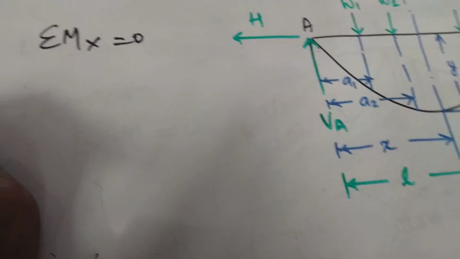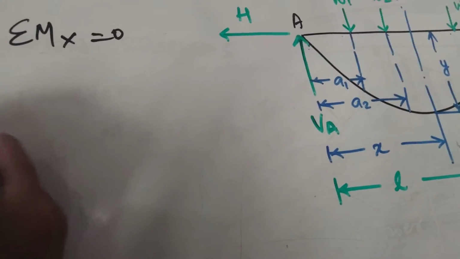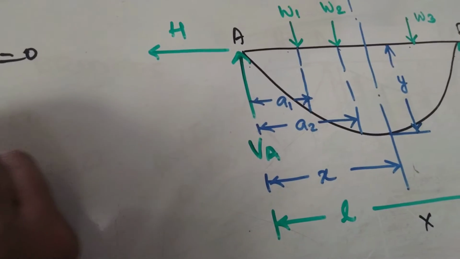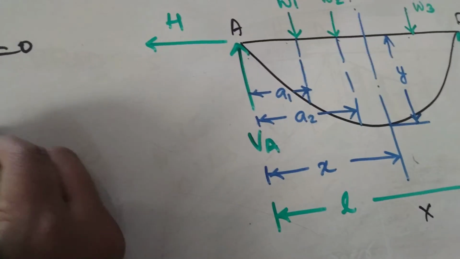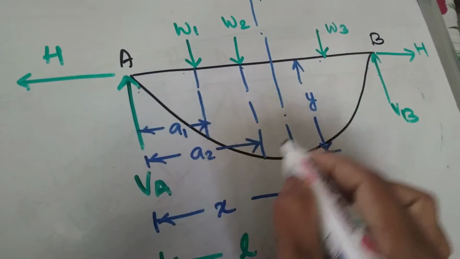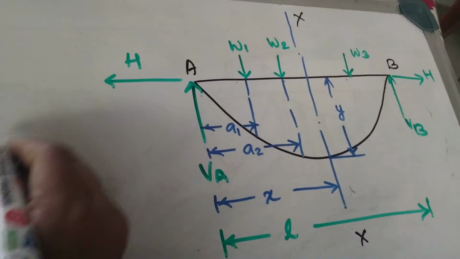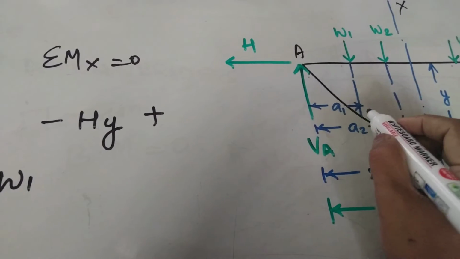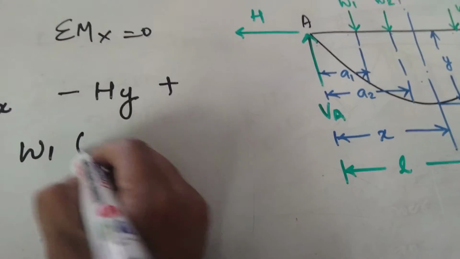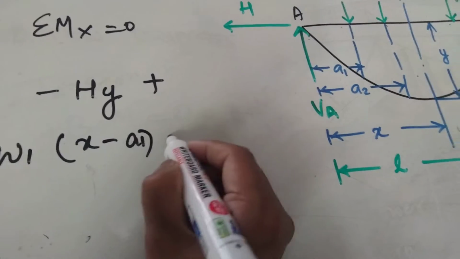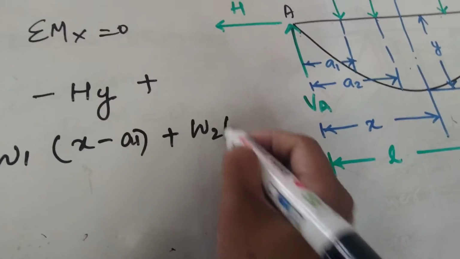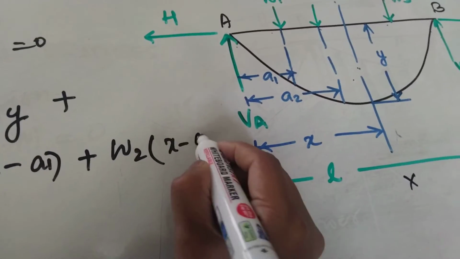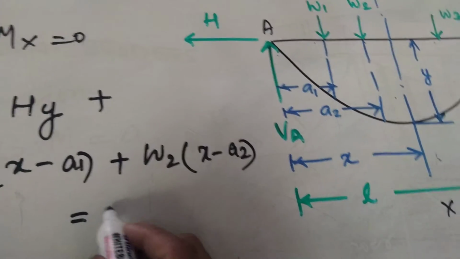You will get VA into x minus H into y, where y is the dip, plus W1 into (x minus a1) plus W2 into (x minus a2) is equal to 0.